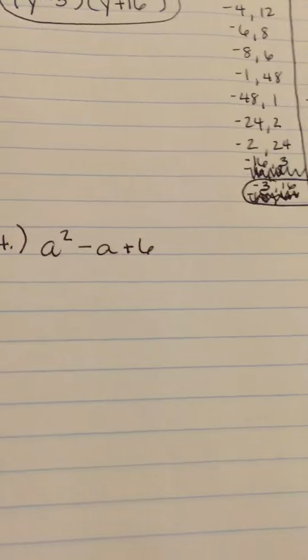Finally, the last kind of problem I could see. Okay, something like this: a squared minus a plus 6. a squared minus a plus 6. Okay, so I'm going to start my t-chart. I need to find the factors of 6 that sum to negative 1.